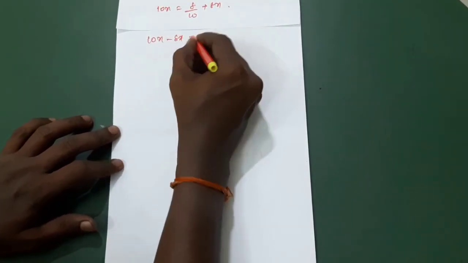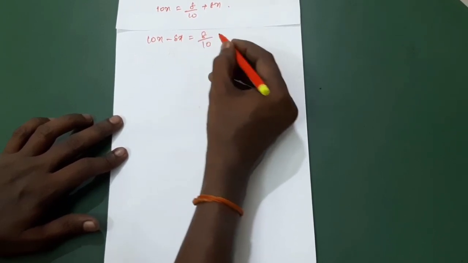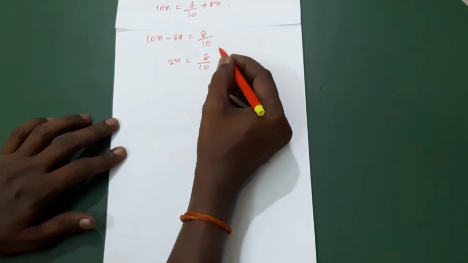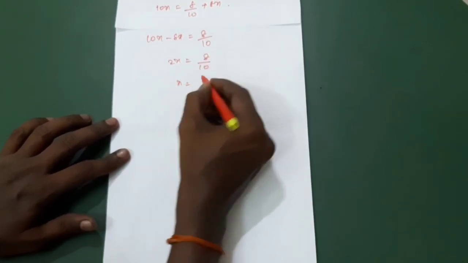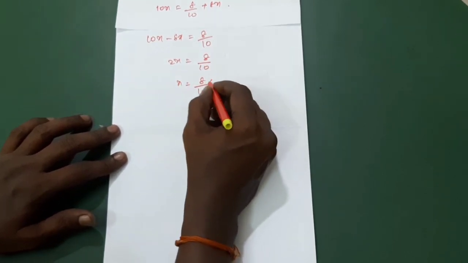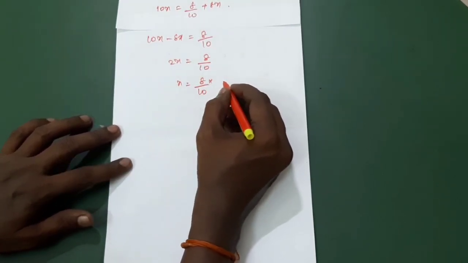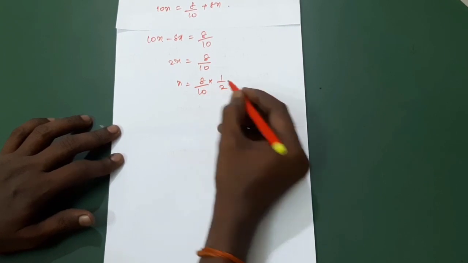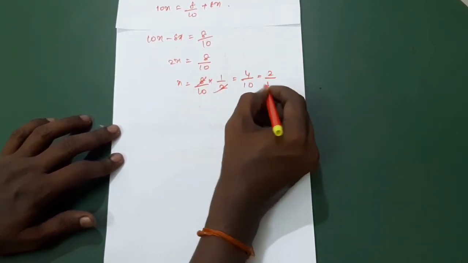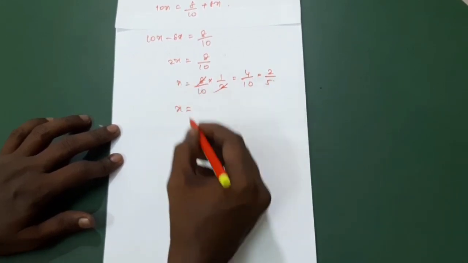10x minus 8x is equal to 8 by 10. So 2x is equal to 8 by 10. So x is equal to 8 by 10 into 1 over 2. So this is 4 by 10, 2 by 5. The answer is given in terms of meters.